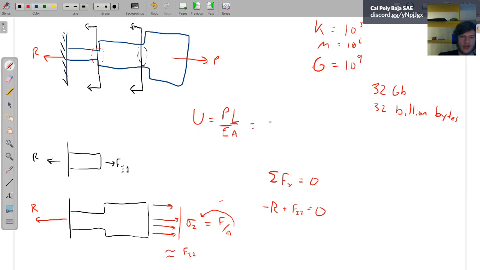Well, you can say U equals stress times L over E. And we know here minus R plus sigma 2 equals 0. Because sigma 2 is applied over an area, and we're just talking about forces here, we say sigma 2 times our area equals 0. And those are one and the same.